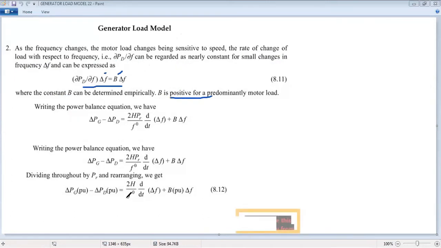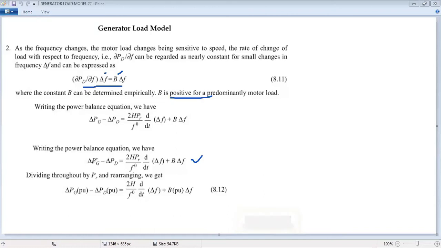The power balance equation is given by ΔPG minus ΔPD equals 2H PR by F naught into dΔF/dt plus B ΔF. Divide this entire equation by PR in order to convert into the per unit system.